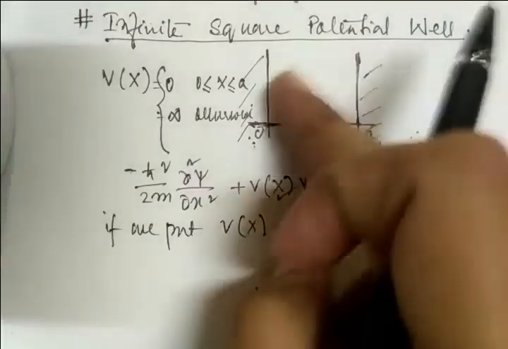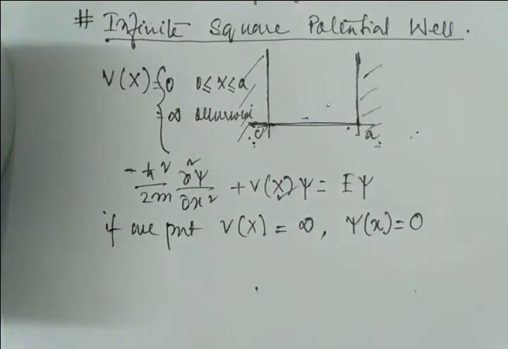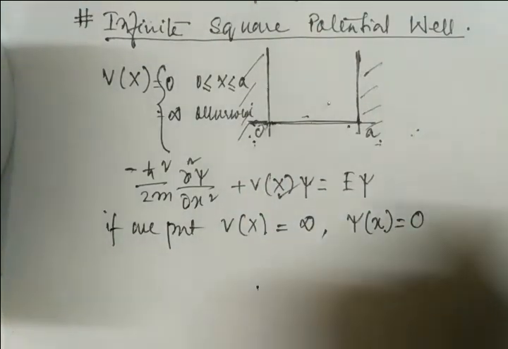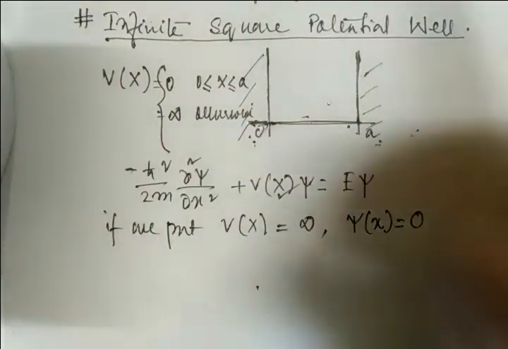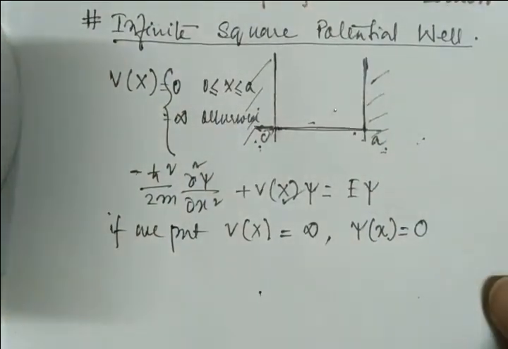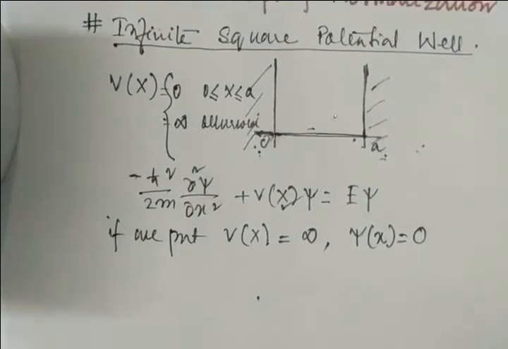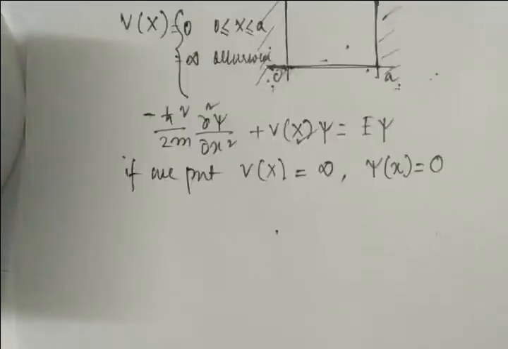That is the inside of the well, inside of the region. And how can we define the inside region of the well? Yes, it is the bounded region in between 0 and a.